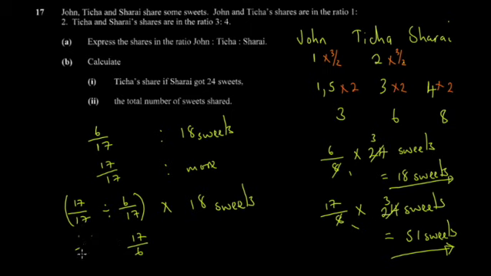What you have done through all this hassle is to just invert this one. So that's why sometimes we just take that shortcut and do it directly. Here you get 3, and again all roads lead to Rome. So here you get 51 sweets again. And yeah, that's how you do it.